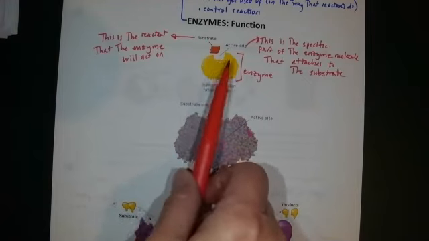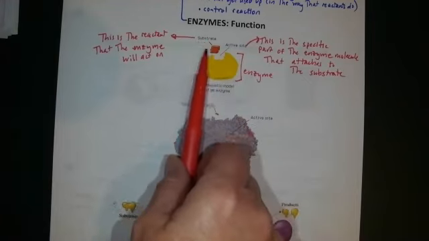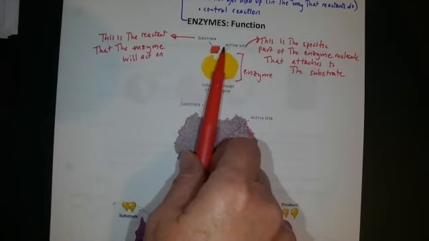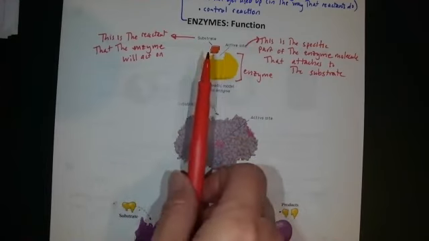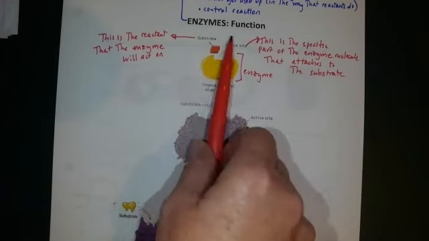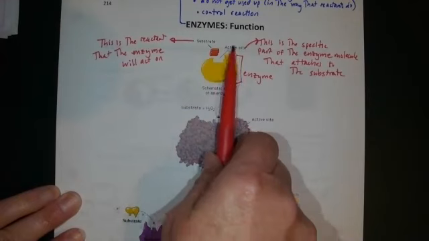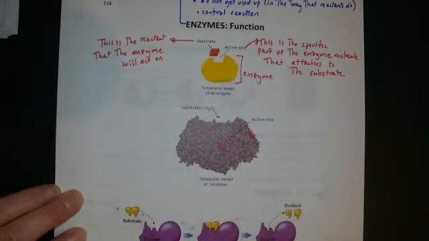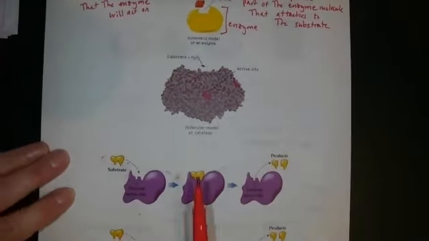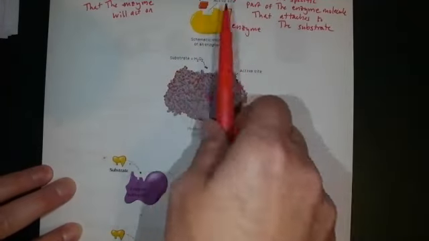That attachment needs to happen in order for the enzyme to function. The substrate and active site form what's called an enzyme-substrate complex. But our focus right now is just on the concept that each enzyme has an active site for the substrate to attach. Here's a specific example, not so generic as this one.